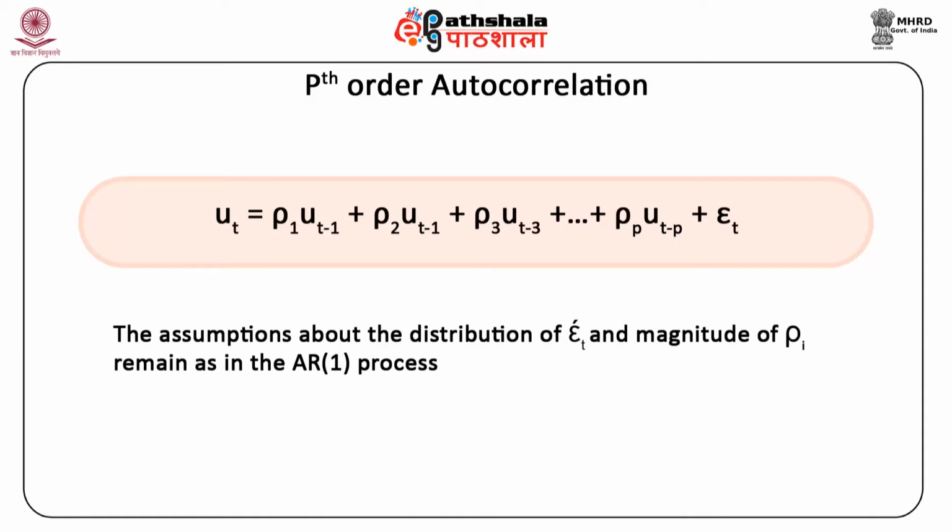The assumptions about the distribution of epsilon t and magnitude of rho remain as in the AR1 process.